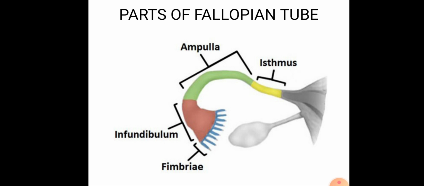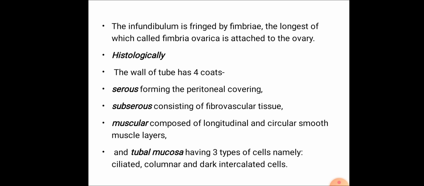So in this photograph, the parts of the fallopian tube are clearly seen: isthmus, ampulla, infundibulum, and fimbriae. The infundibulum is fringed by fimbriae, the longest of which, called fimbria ovarica, is attached to the ovary.